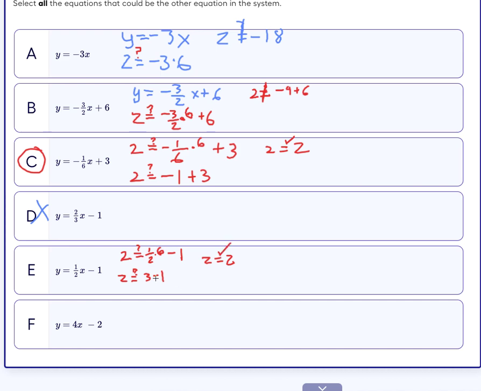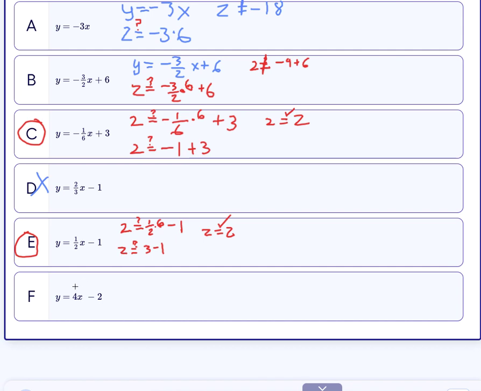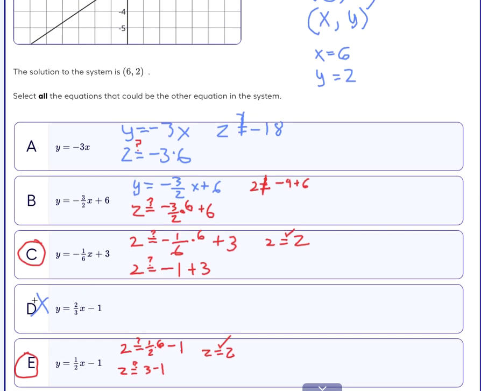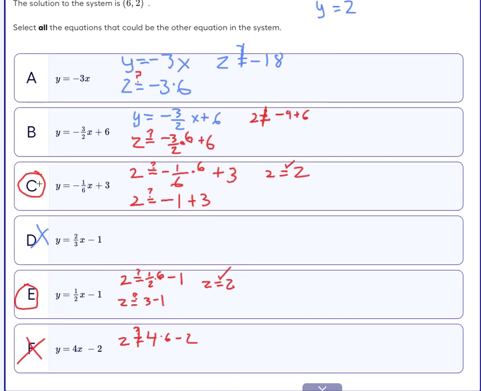Yes. So here's another one we circle. Let's try this one. Put in 2 for y. 2 equals, or is it equal to, 4 times 6 minus 2? 4 times 6 is 24, minus 2 is not going to give us 2. So we can just say, no, they're not equal. So this was our answer, C and E.